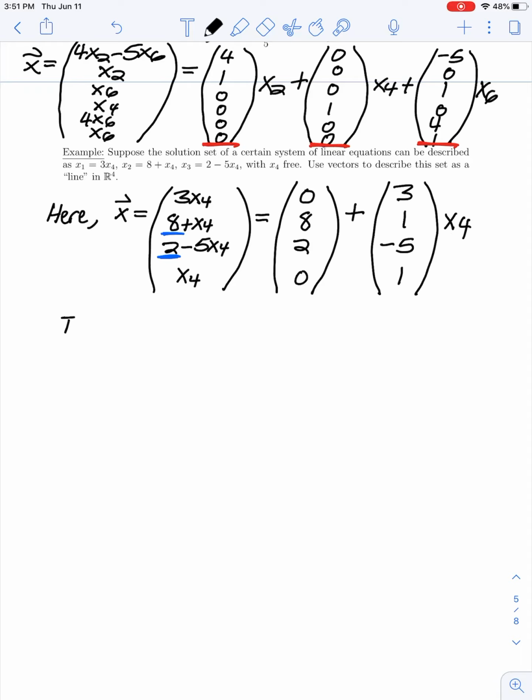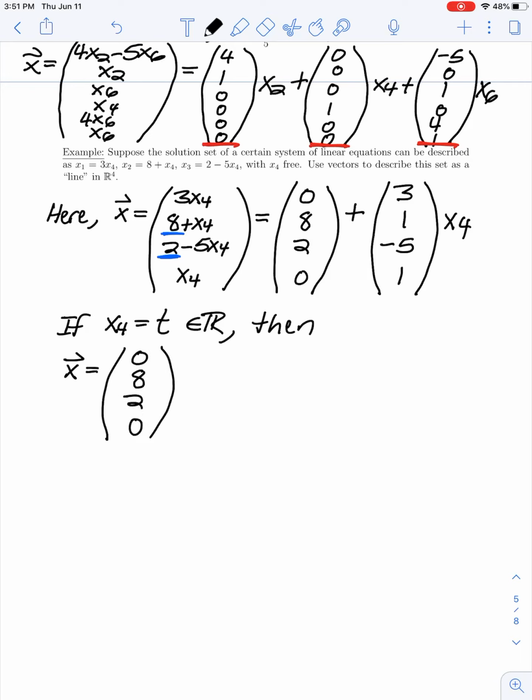Or if we prefer, if we were to choose a specific value for our free variable, say some real number t, then our solution set would be the set of vectors x which have the form 0, 8, 2, 0.